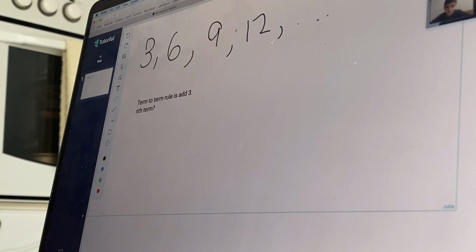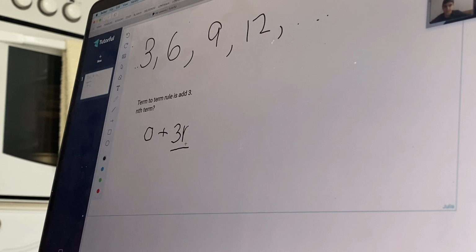So the starting point is 0. Yeah, the starting point is 0. Good, and so add 3. So 0, and then 3, 6. Yeah, 0, add 3, and then it becomes 3n.